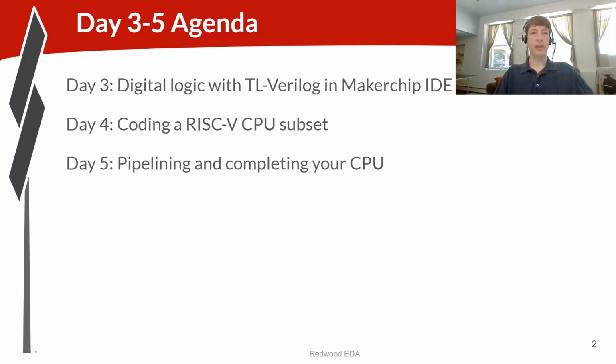On day 5, and we might get to some of this in day 4, but for the most part on day 5, the focus will be on taking that core that you've written and pipelining it. And we'll do a couple variations of how we pipeline that CPU core and completing that CPU core so that it supports the full RISC-V instruction set architecture.